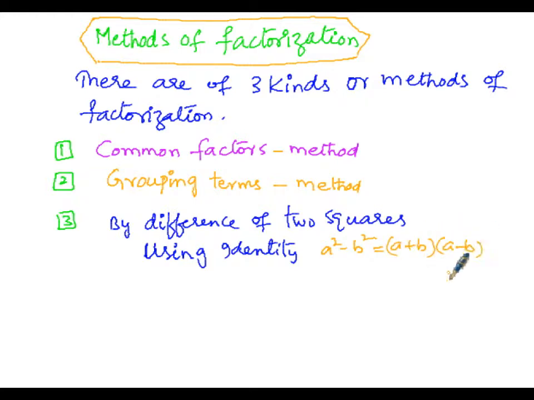In the third method, we will write the given expression as the difference of two squares. Then later we will utilize the identity a square minus b square equals a plus b into a minus b. So, these are the three methods by which we can factorize the given expression, or write the given expression as the product of two or more factors.